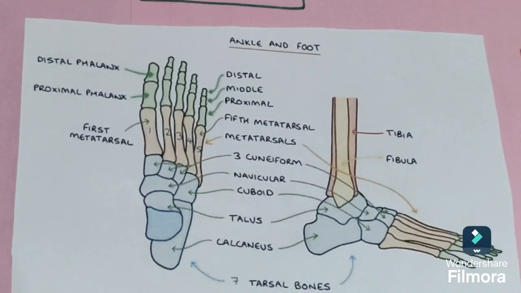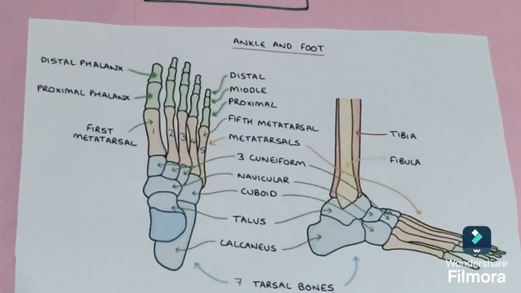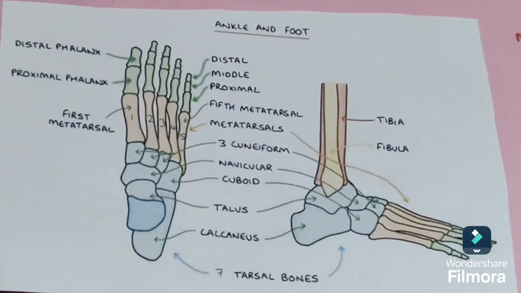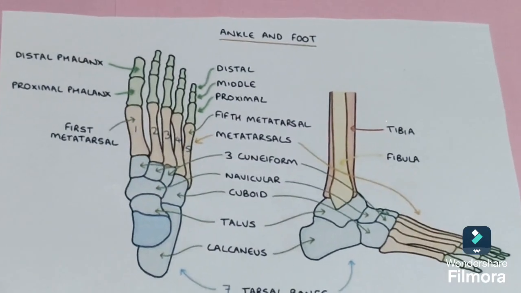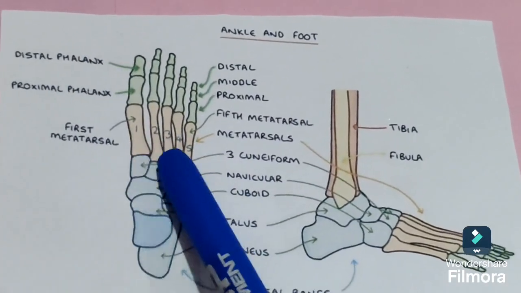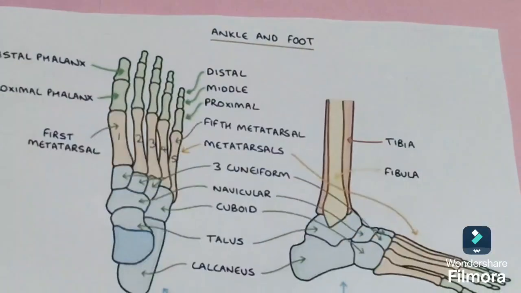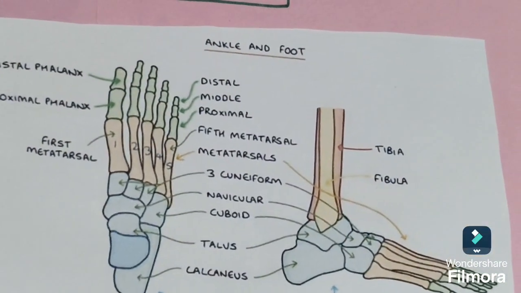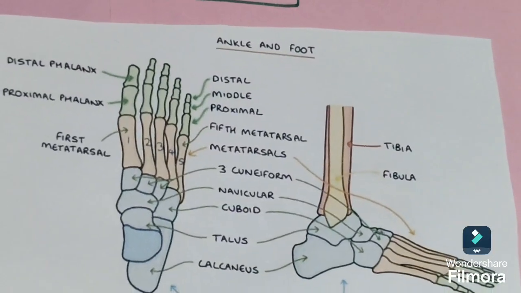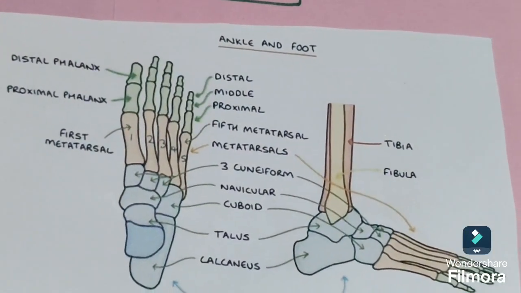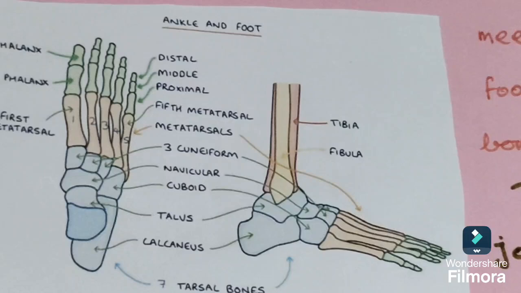Distal to the tarsal bones are the metatarsals, numbered 1 to 5, with the first metatarsal joining the big toe and the fifth metatarsal joining the little toe.